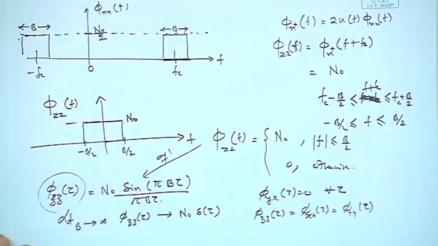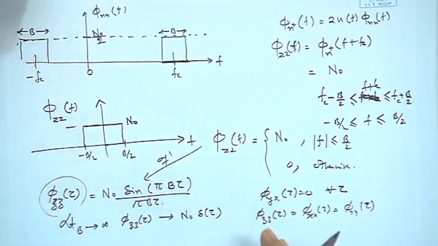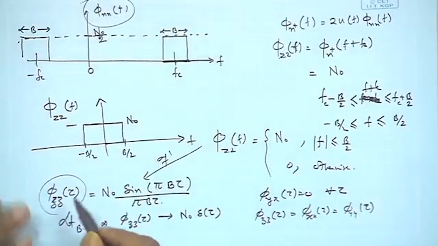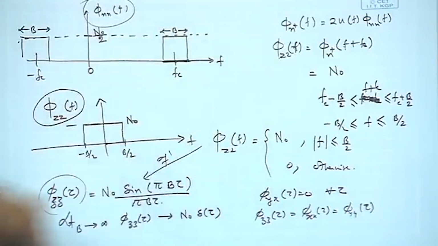With this, what we complete is the relationship between the passband noise process, the autocorrelation function, and that of phi n n of f. So, we could relate phi n of f to phi z z of f. That means, given the power spectral density of the noise in the passband, we can also calculate its equivalent power spectral density at the baseband.